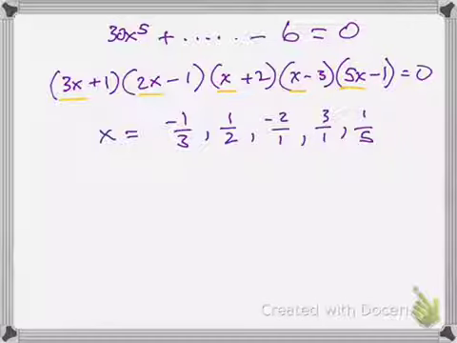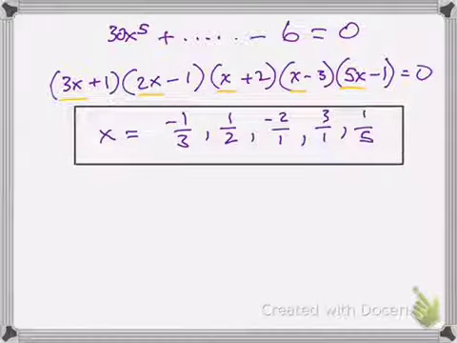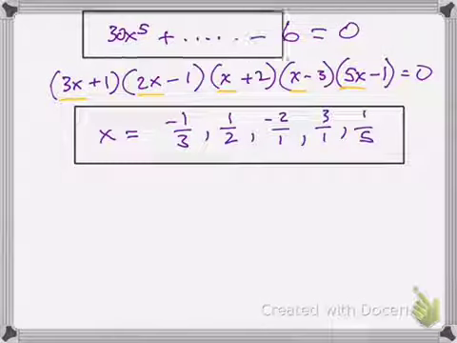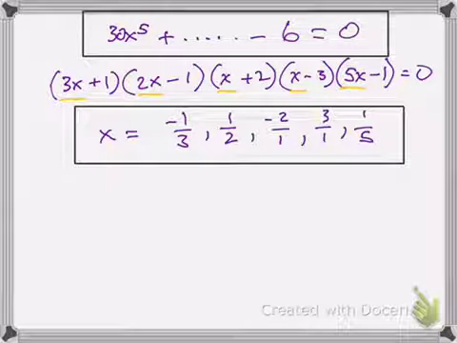Now luckily we already know all 5 rational roots of this polynomial because I gave it to you in factored form. But can we see a relationship between our roots and our original function? Drew already pointed something out. What did you point out, Drew?